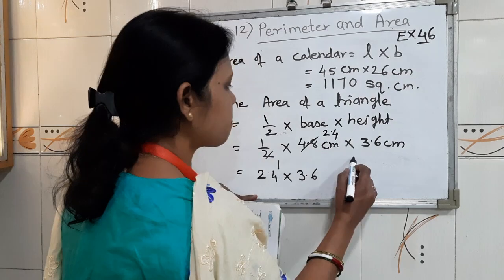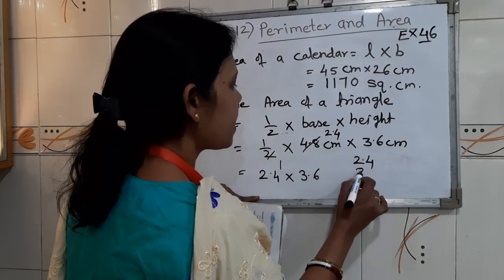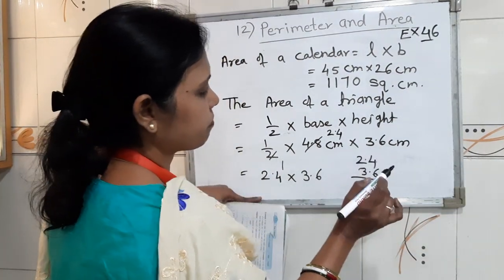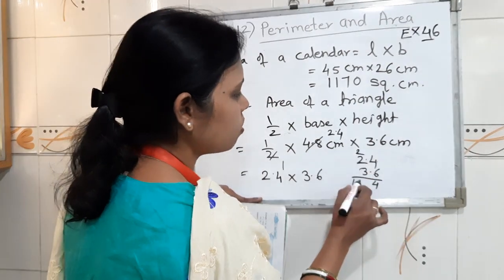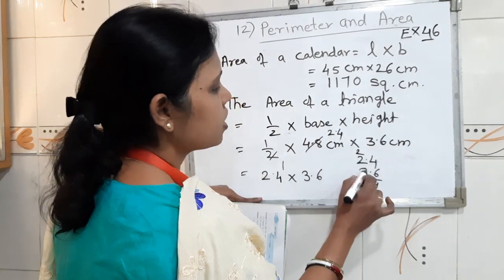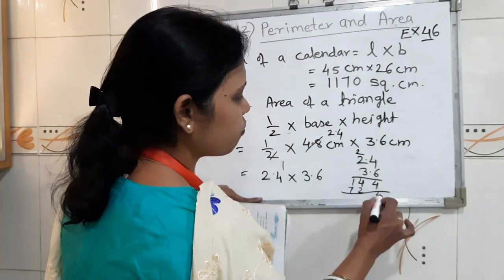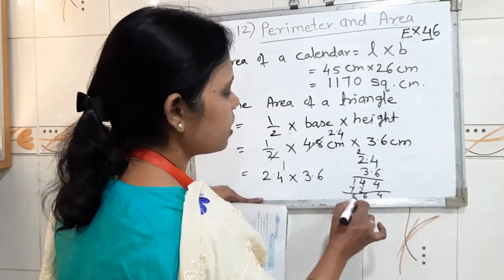First we will multiply 2.4 and 3.6. 6 4s are 24, 2 carry. 6 2s are 12, 12 to 14. 3 4s are 12. 3 2s are 6, 1 7. Now when you add, you will get 4, 4 plus 2, 6, 7 plus 1, 8.